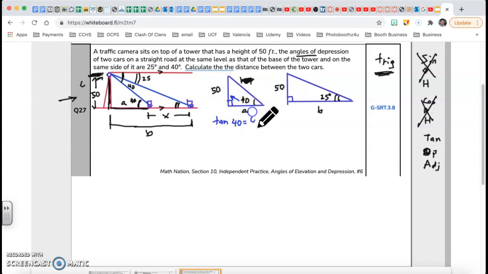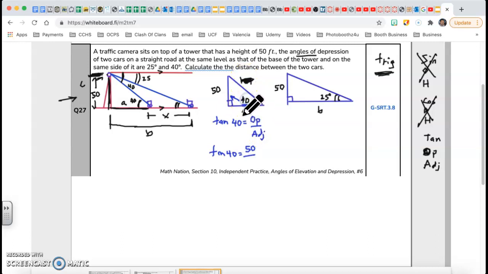So let me write it first. Opposite over adjacent. Tangent of 40. What's opposite? Across. This is the angle. Make a line across the triangle. That's opposite, which is 50. Over adjacent. Adjacent is whatever is next to the angle, not your hypotenuse.